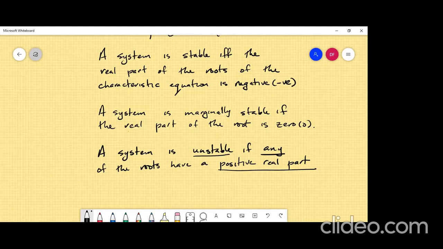Real part is 0, marginally stable. And stable if the real part of the root is negative. So that is what we want to establish this afternoon in our discussion.